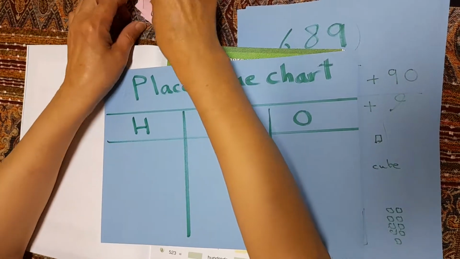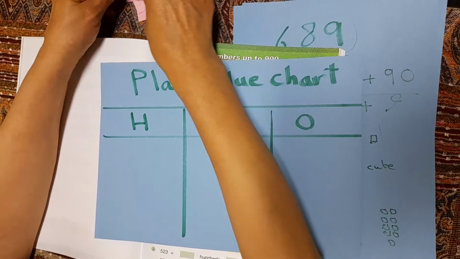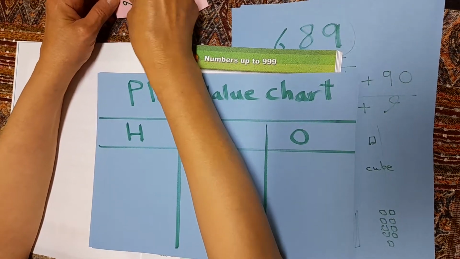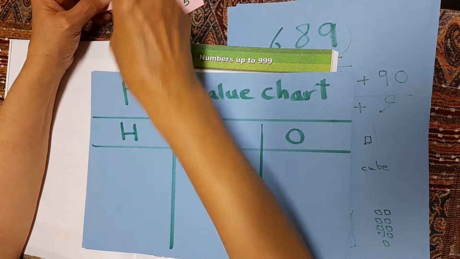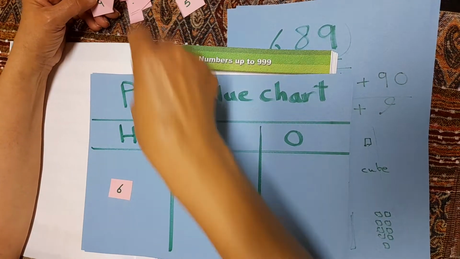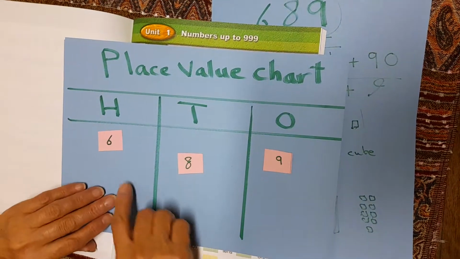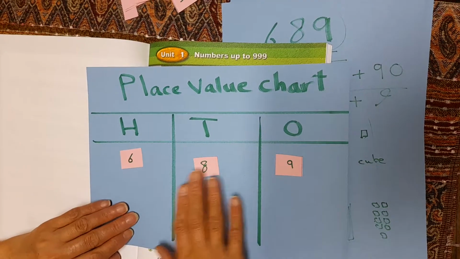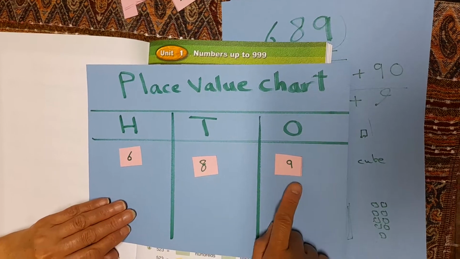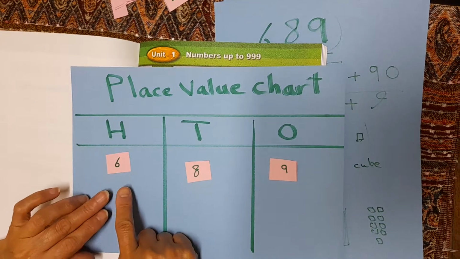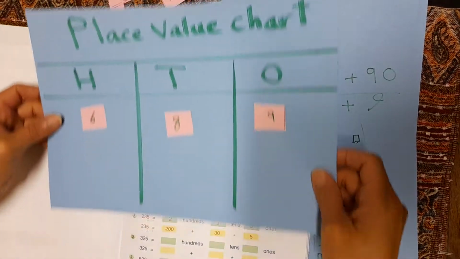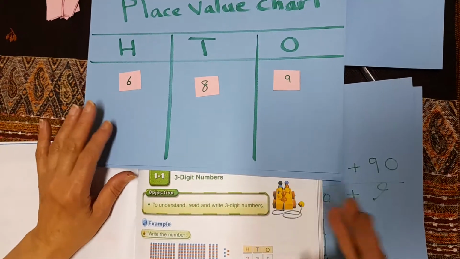For example, if I say for you 600, okay, 89. I use these digits to write my number, 689. This number, how many digits in this number? 3 digits.